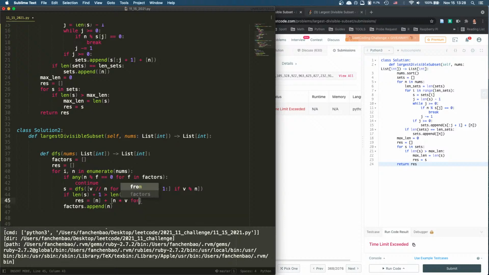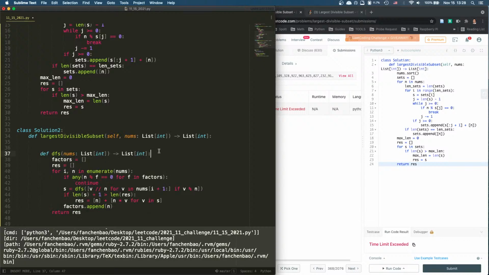N times v for v in s. All right. Yeah, that's the new result. And then at the end, we're gonna return the res.